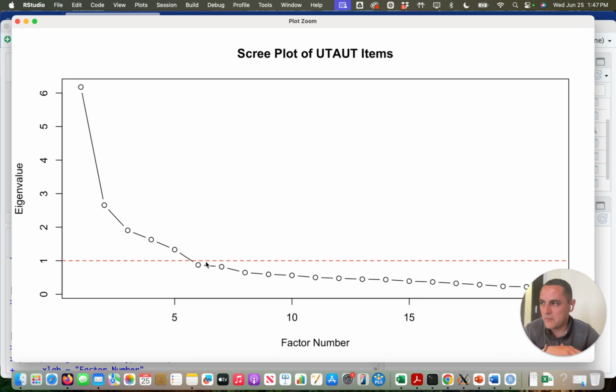That eigenvalue of 1 cutoff is actually called Kaiser's criterion. Despite that criterion recommending 5, we could actually retain 6, for two main reasons.